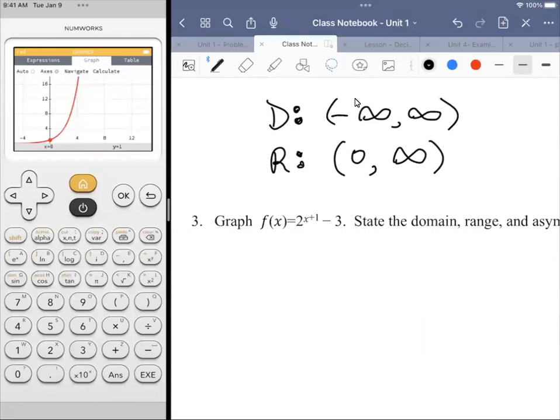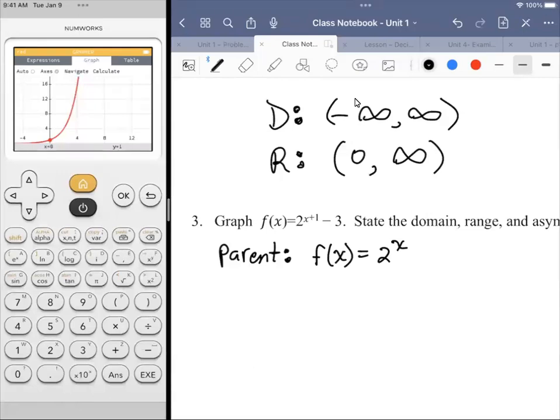All right. So again, the parent, we would say, is equal to, f of x is equal to 2 to the x. I'm sorry, not the general rule, the parent that we used in the previous problem. All right. So what's happening here is the x and y values are being manipulated.